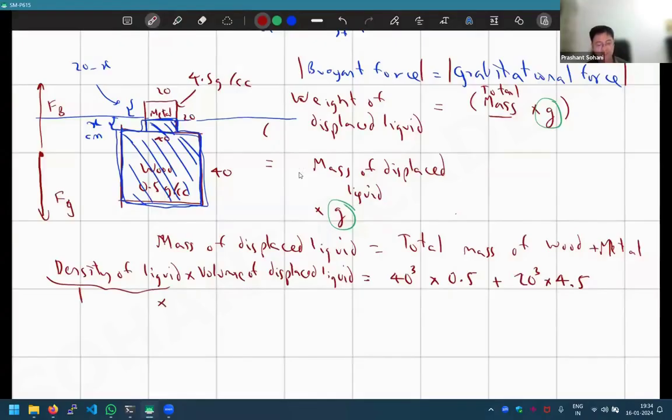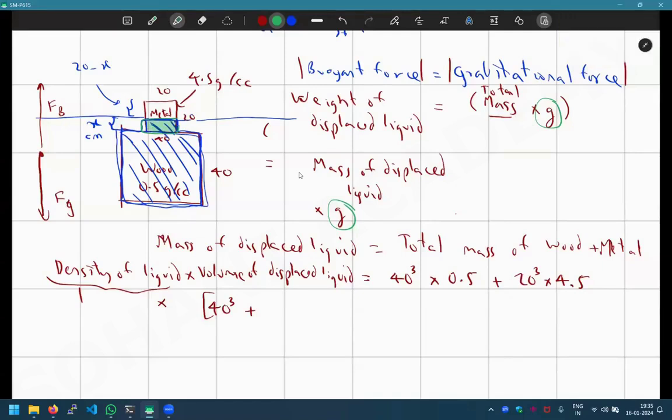Now this volume part will be the volume of the wooden cube, which is 40 cube, plus... Can somebody tell me how much is the volume of just the metal portion which is submerged? Like if I denote it by green color over here. So how much will be this volume? Student: Sir, 400 into h. 400 x, right?